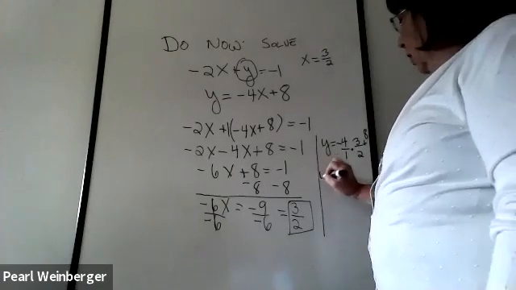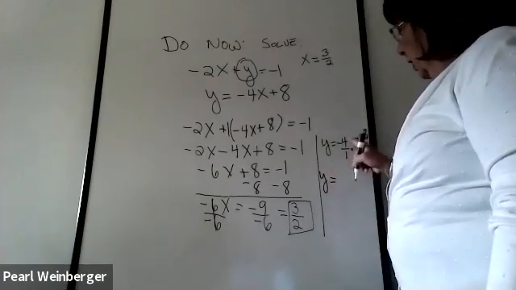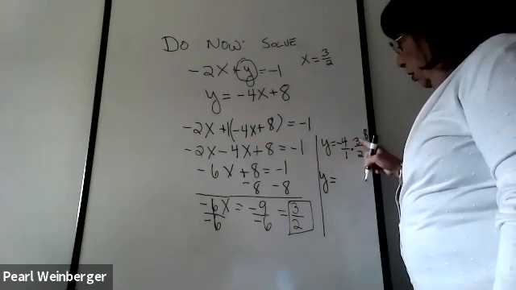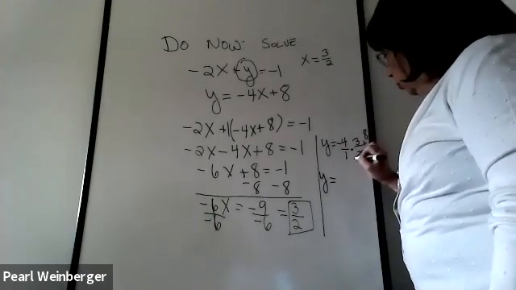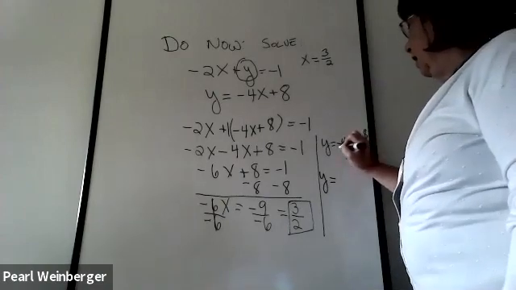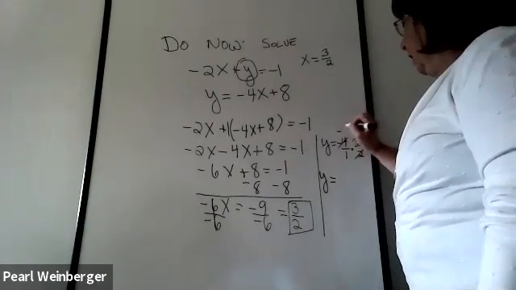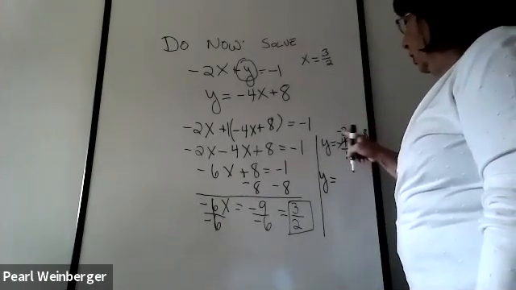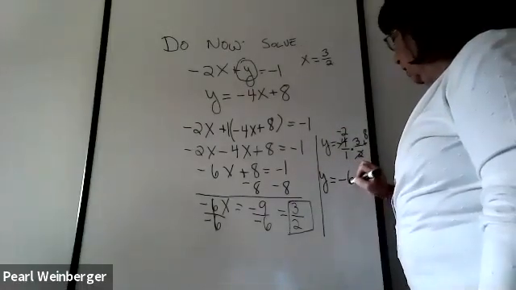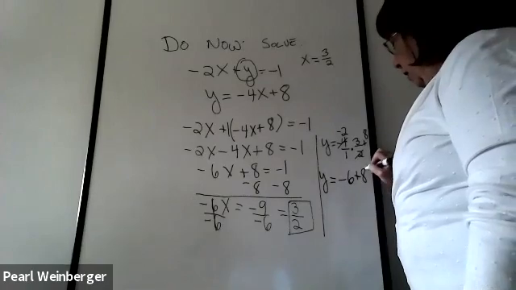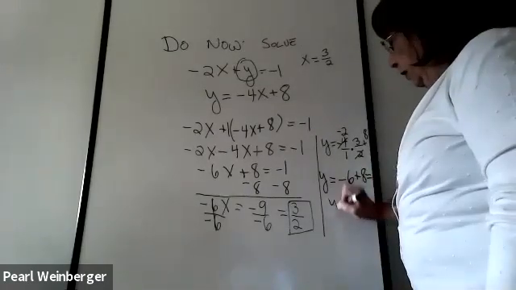So here's what my y is. Negative 4 over 1 times 3 over 2. The 2 from this denominator can cancel out into the negative 4. That'll give me negative 2. And negative 2 times 3 is negative 6, plus 8, which gives me a positive y equal to 2.